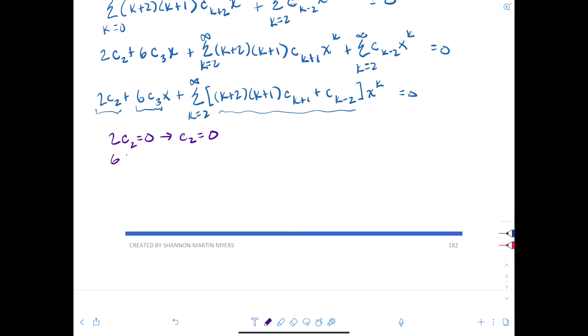We will get 6c3 is 0, and so again c3 will be 0.